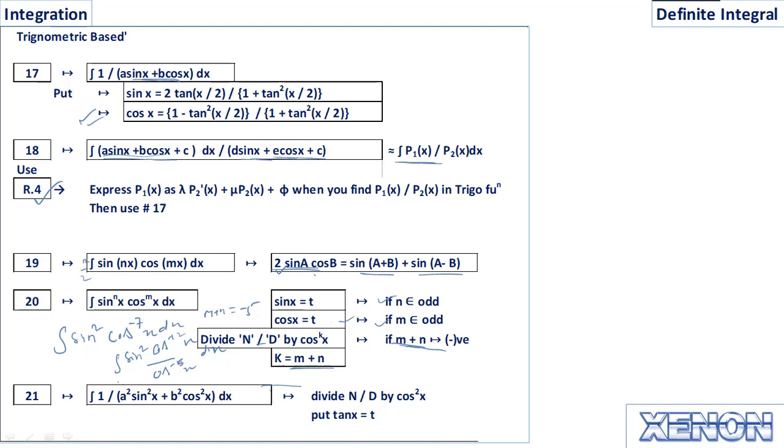And we will get in the numerator sec square x. So when we put tan x equals to t, we will get sec square x dx equals dt, and we will get the integration of the form dt upon a square t square plus b square, right? So here we are converting this to the form of the standard integral, and we will get the result in the standard form, right?